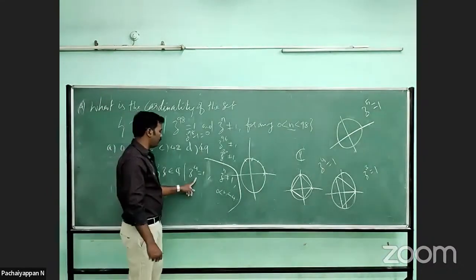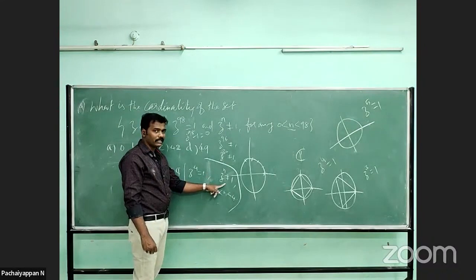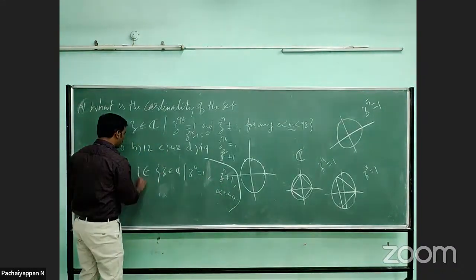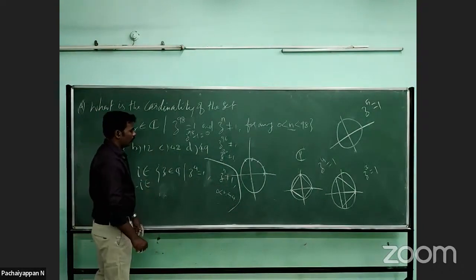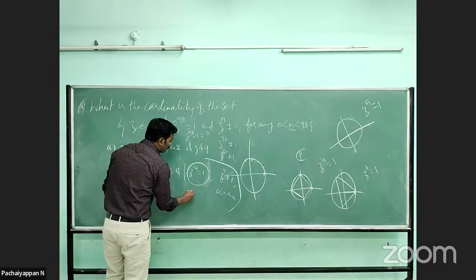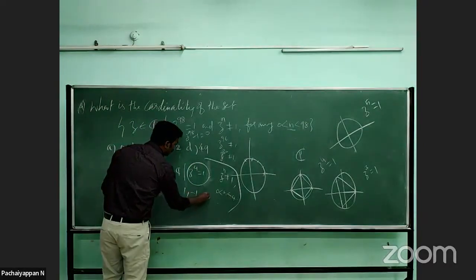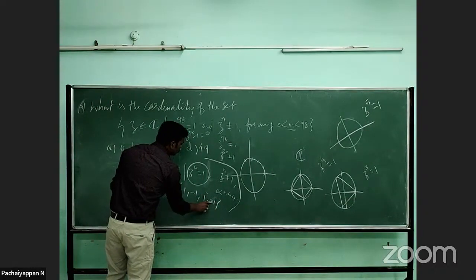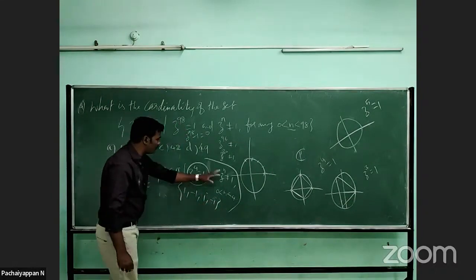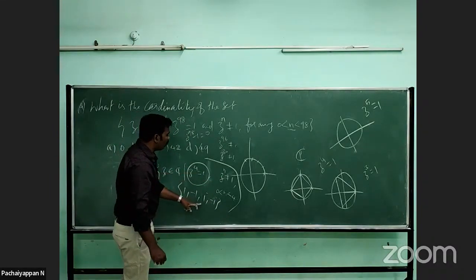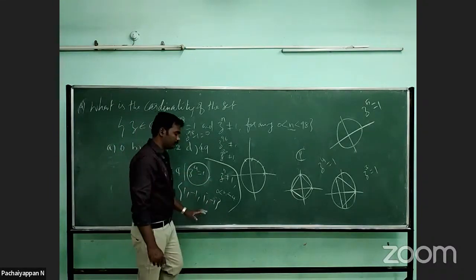What about minus i? Minus i is the same, so minus i is also there. Only 2 elements are there. Actually, the fourth roots of unity are 1, minus 1, i, minus i, 4 elements. So when we restricted, instead of 4, only 2 elements are there.